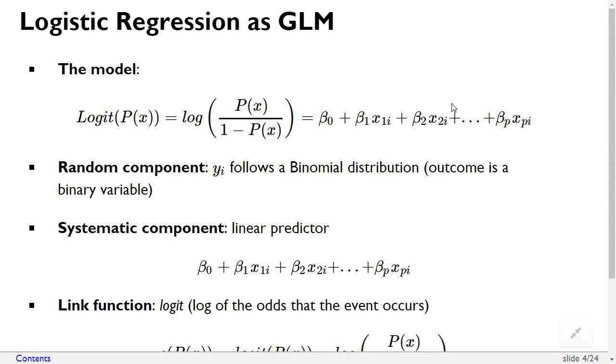In logistic regression, the random component is a binomial distribution. So the y variable is binary. In a given sample, those binary values are assumed to be independent. So they are a, what's that trial called? Bernoulli distribution, or a Bernoulli trial, and the probability distribution is a binomial distribution.